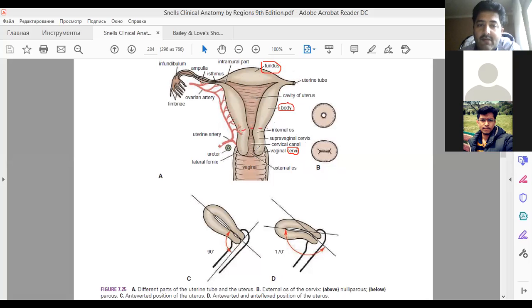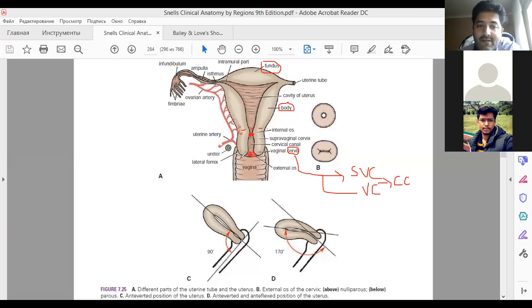The cervix is further divided into the supravaginal cervix and the vaginal cervix, and the canal formed here is known as the cervical canal. This is the internal os of the cervical canal, and this is the external os of the cervical canal.